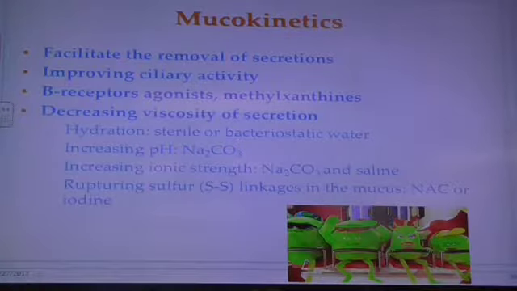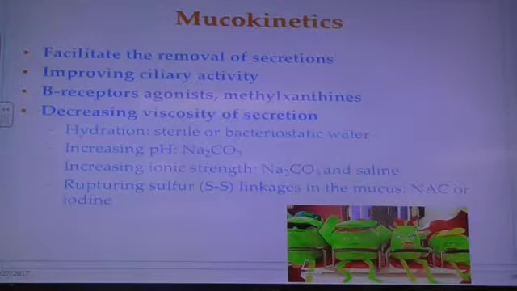The other drug we use for mucokinetics is N-acetylcysteine. As we know, we use it as the antidote for acetaminophen toxicity, if you remember that. N-acetylcysteine can reduce the mucus viscosity because it breaks down the sulfide bonds.